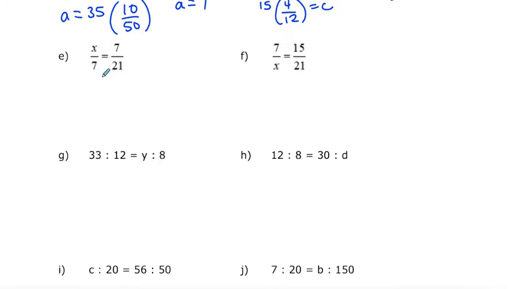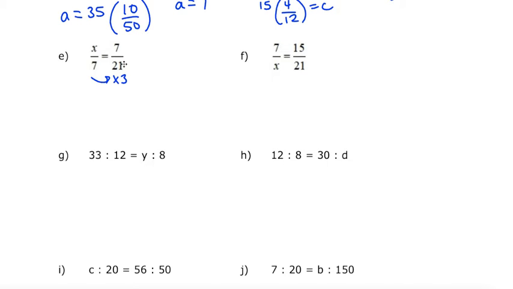Now, this one here is one that I can easily solve using my multiplication facts. So I know that 7 times 3 is going to be 21. So I'm going to take a look and figure out what it's going to be when I go in the opposite direction.